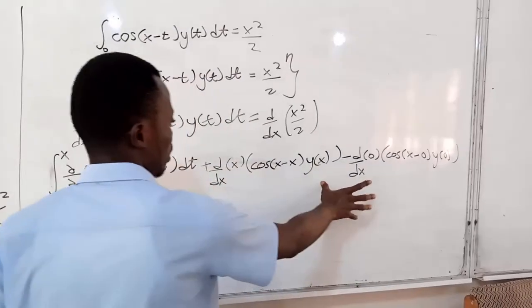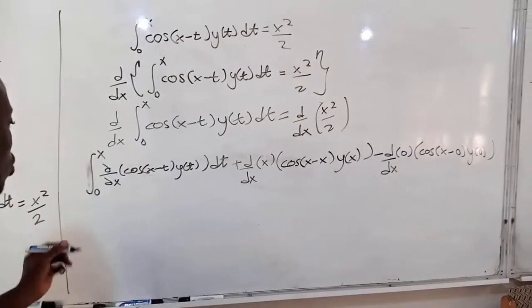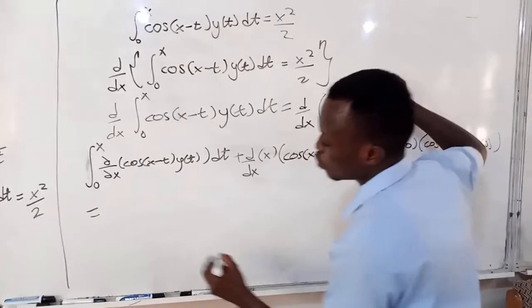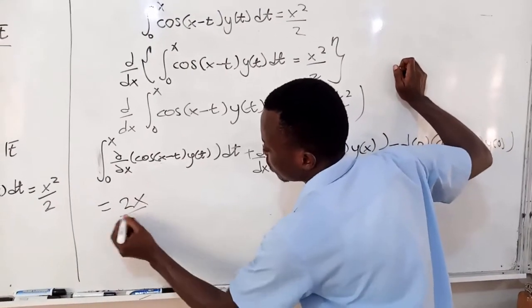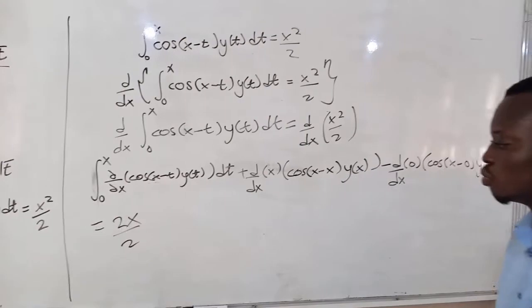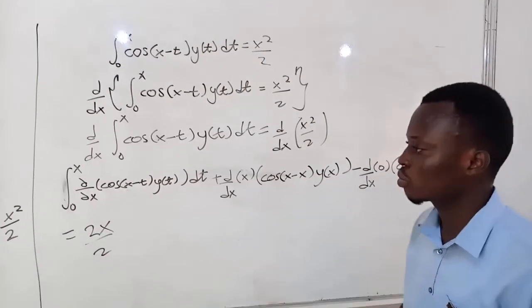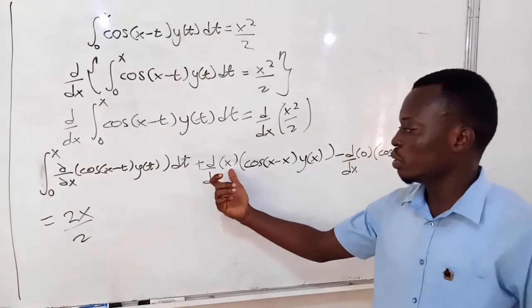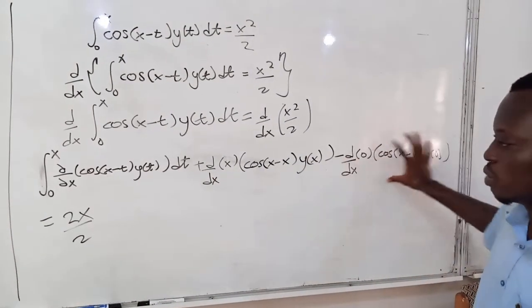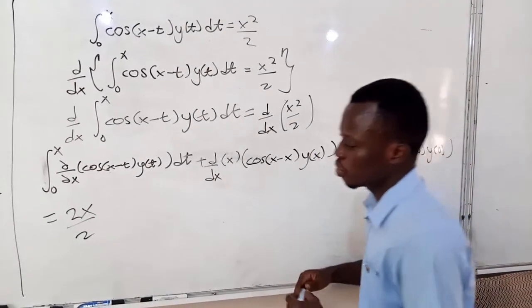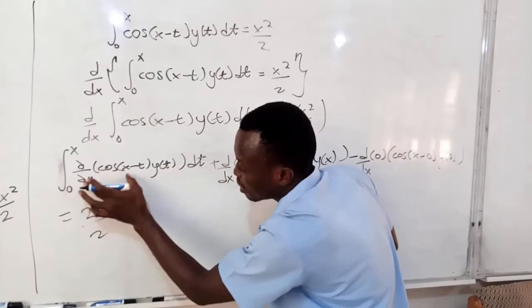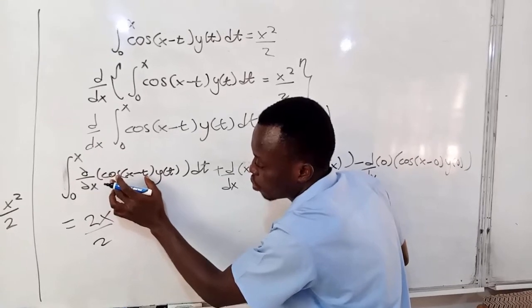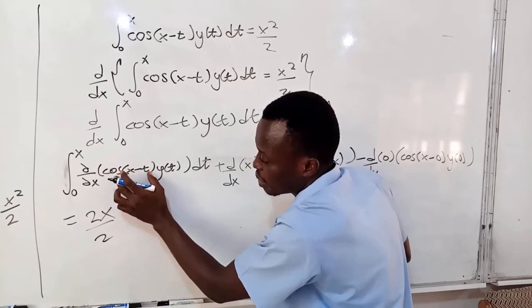So this is what you are having, which will be equal to, if you differentiate s squared, you are going to get 2s, which is divided by 2. Now if you differentiate this s, you're going to get 1, and the whole of this side is 0. So this equation results in, if you differentiate cos(s minus t) with respect to s, you're going to get minus sine(s minus t).